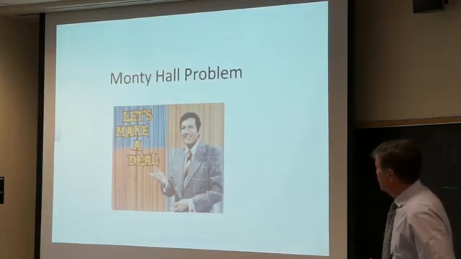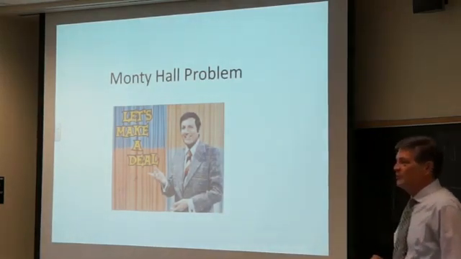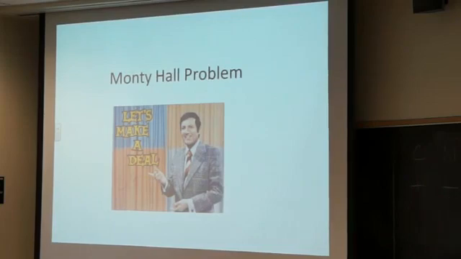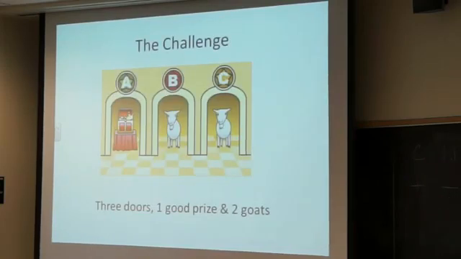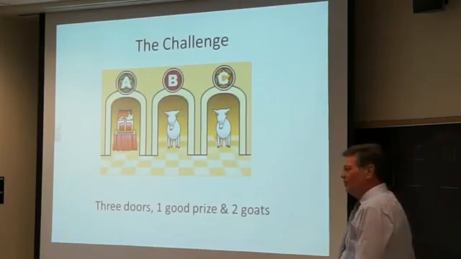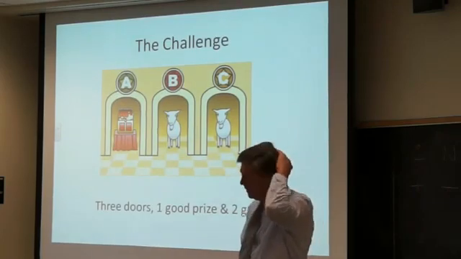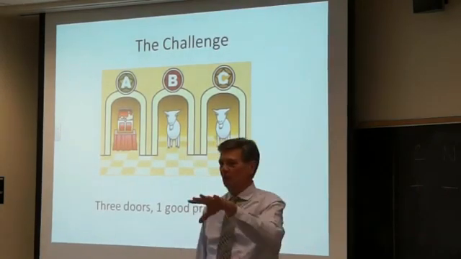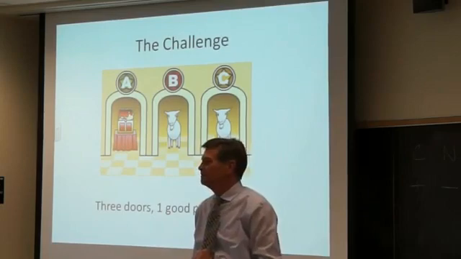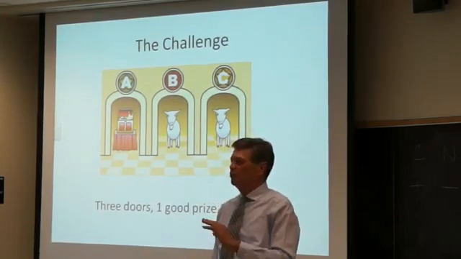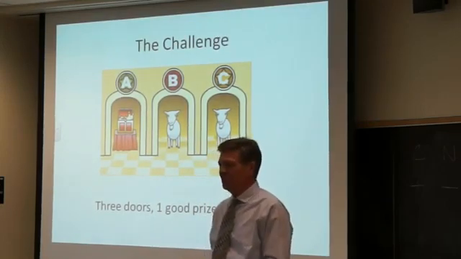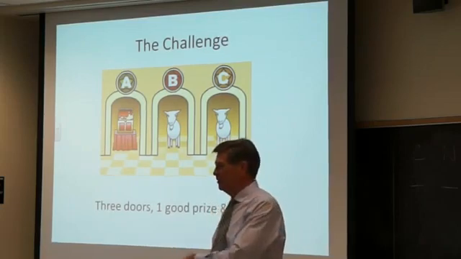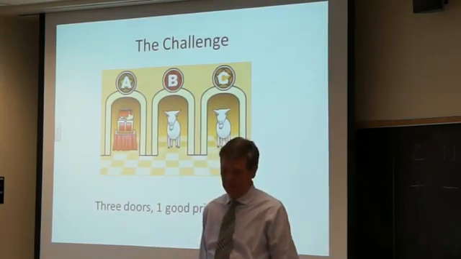It's a game show, and you can tell by his wonderful attire, he was back in the day. At the end of the show, Monty Hall would take the contestant up to the stage, and there would be 3 doors, 3 curtains, whatever. Behind one of them was a great prize: a fancy car or vacation or jewelry, wonderful stuff.